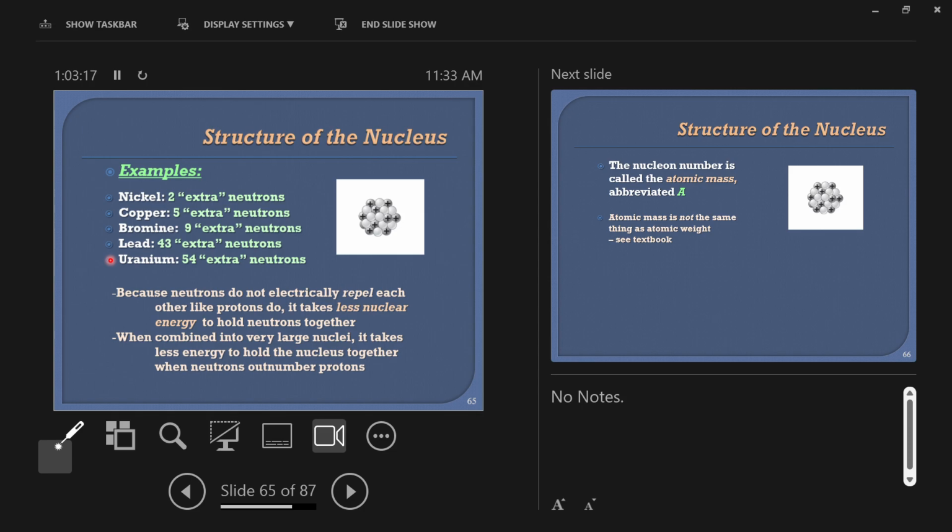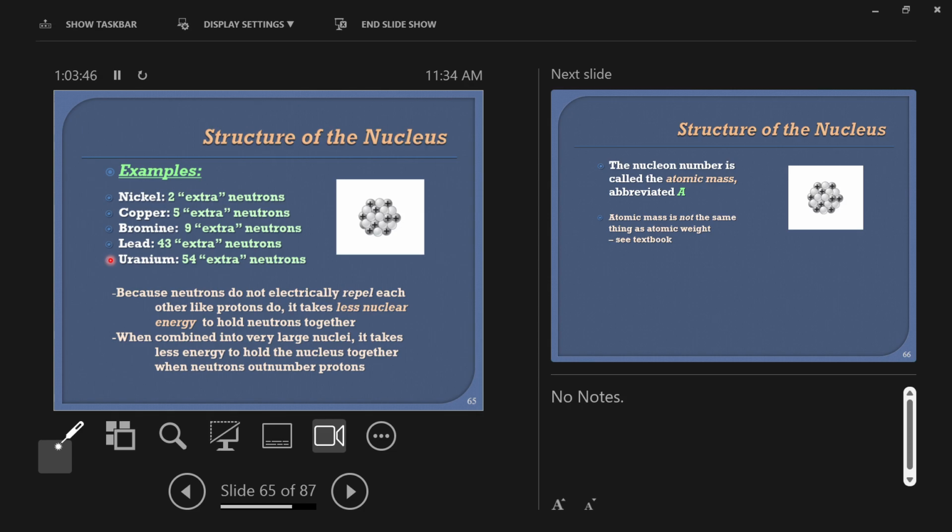And just subtract, and I'll do it right here. So the mass for uranium is 238.029. Okay. And the Z number for uranium is 92. Okay, so we'll just take away 92 from that. I'm not going to do this in my head.